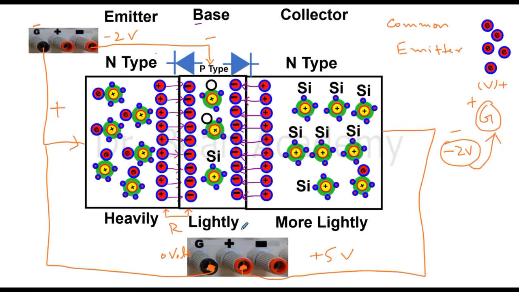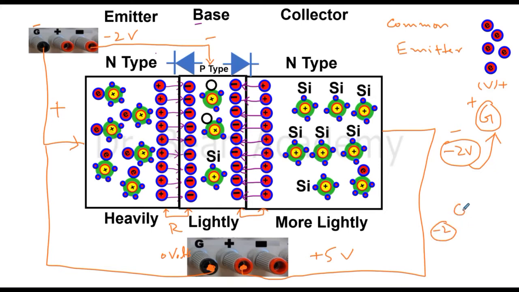So let's see the next junction, the base collector junction. Here, what is the mode of operation? You see that this is also a p-n junction, so let's treat it like that. Here is the p type. P type is negative, right? It's -2, so I can represent this as -2.